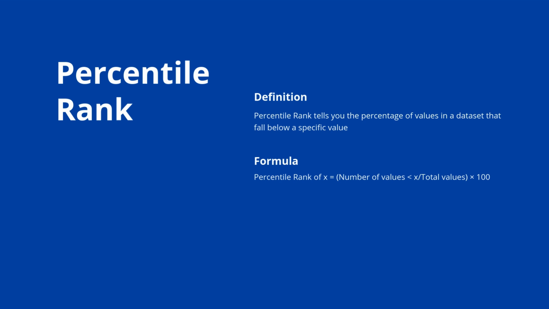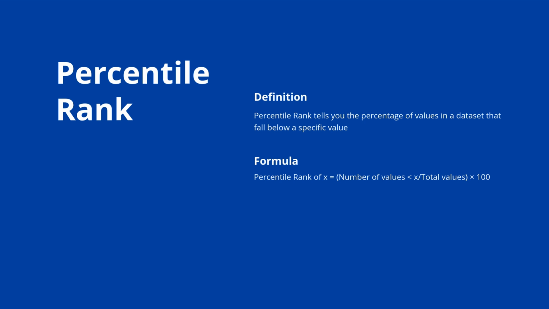A percentile is a value below which a certain percentage of data falls. Meanwhile, percentile rank is the percentage of values that are less than or equal to a given score. A percentile tells you where a score sits, while percentile rank tells you how many people you have outscored. One starts with a percentage, the other ends with one, but they feel very different.